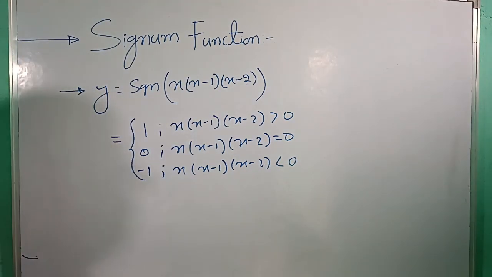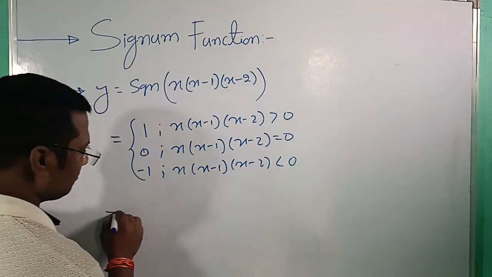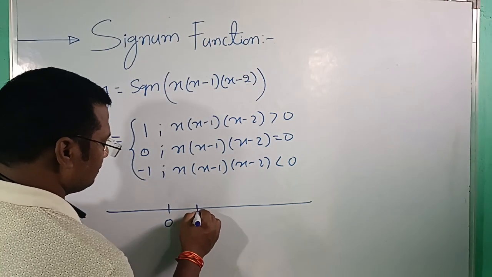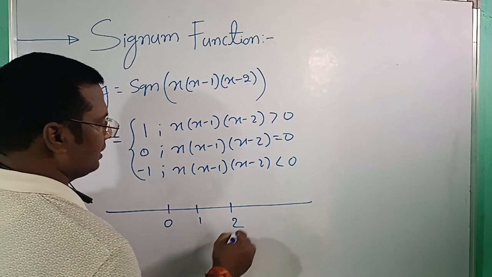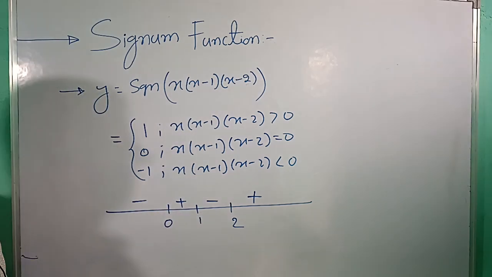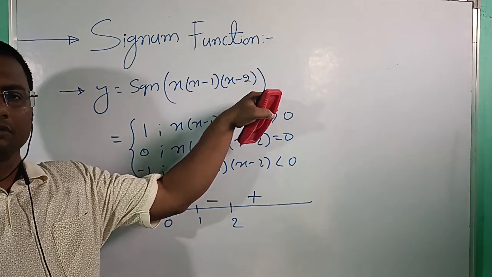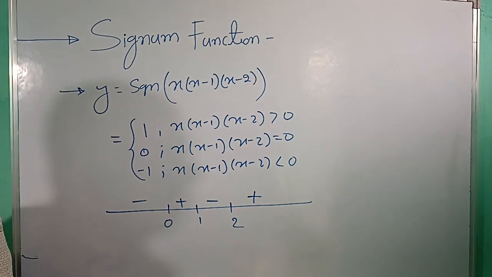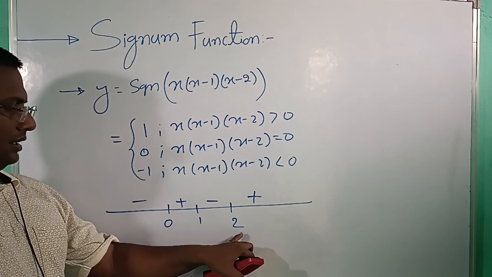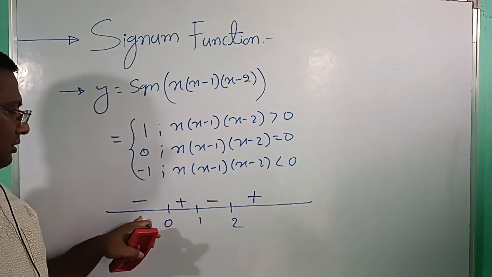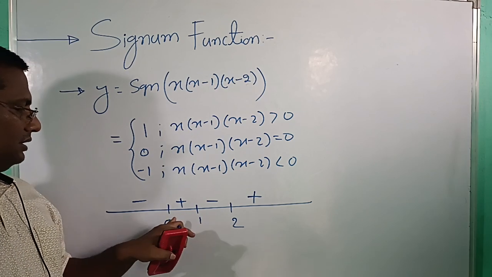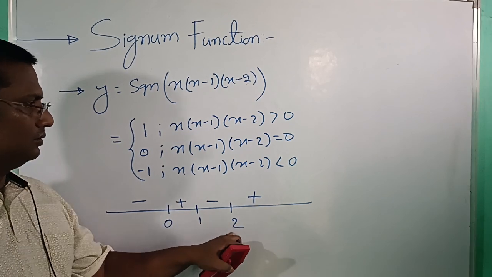Okay, so for the sign scheme: this is 0, this is 1, this is 2. This is positive, negative, positive, negative. This is the sign scheme of this function. Now this signum function will be 1 for 0 to 1 and greater than 2. It will be minus 1 for x less than 0 and 1 to 2. And it will be 0 at 0, 1, 2.